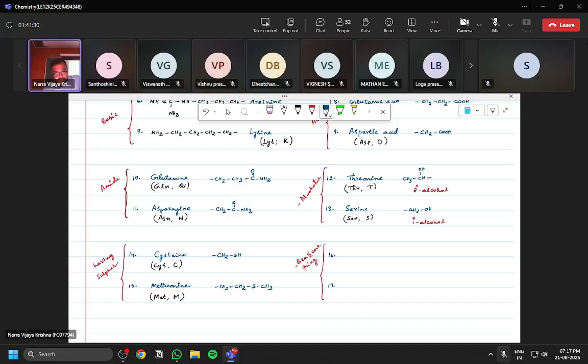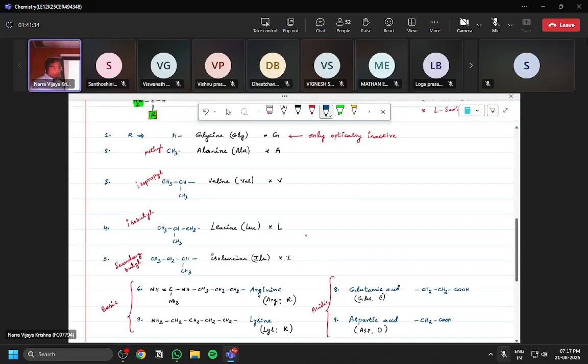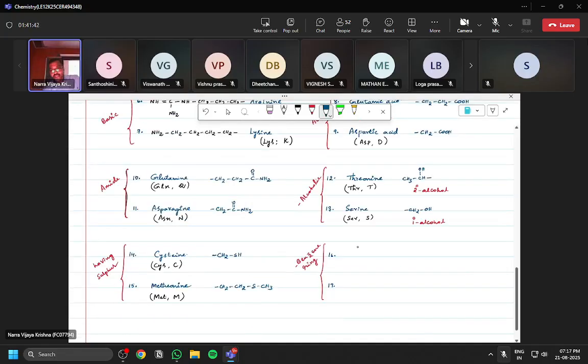Now observe alanine. Remove one hydrogen, place benzene ring. Then it is called phenylalanine. Right? So alanine takes a CH2 group and benzene ring, then we call it phenylalanine.